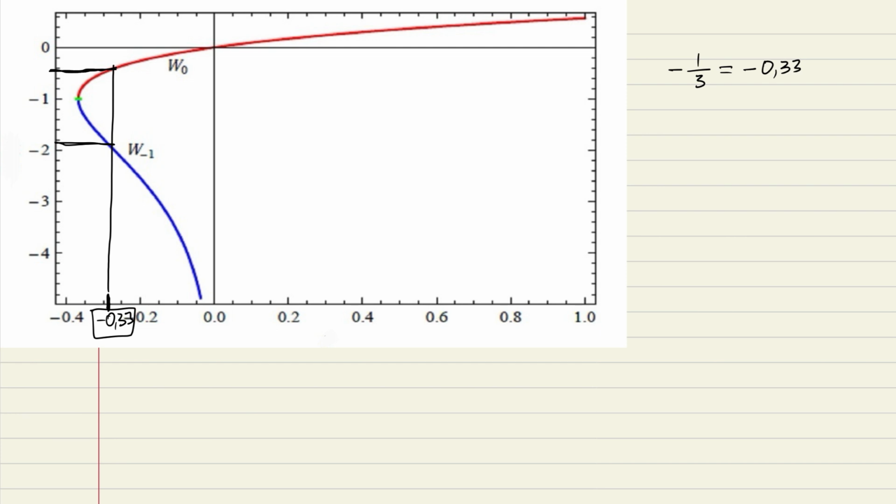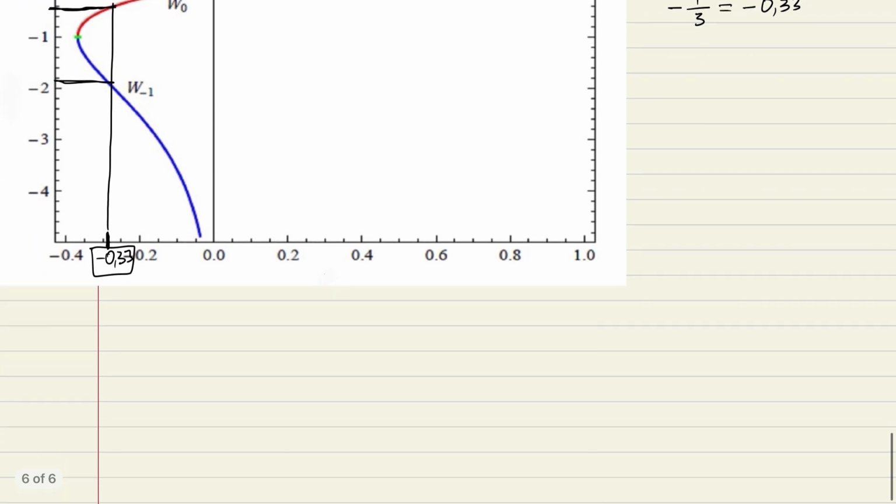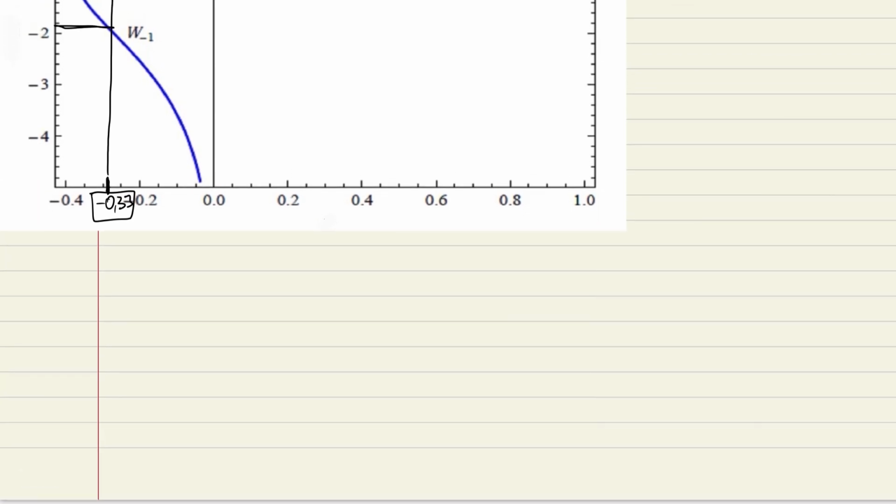Now the red part of this graph is the upper limit, and the blue part is the lower limit. So on the calculator, on Wolfram Alpha or whatever calculator you're using, you do need to compute this. When we are writing it out, we're going to write it as follows.